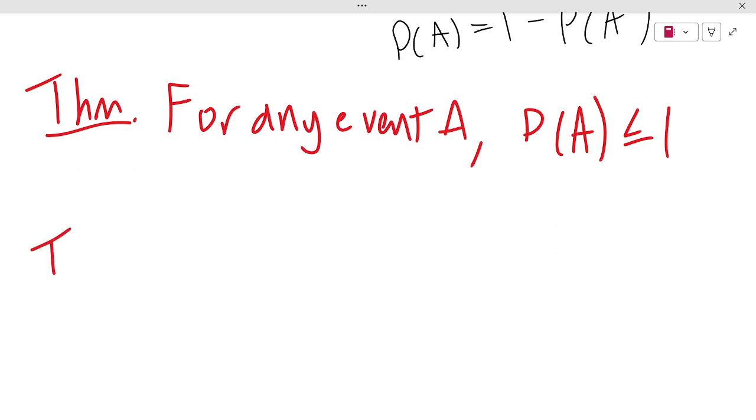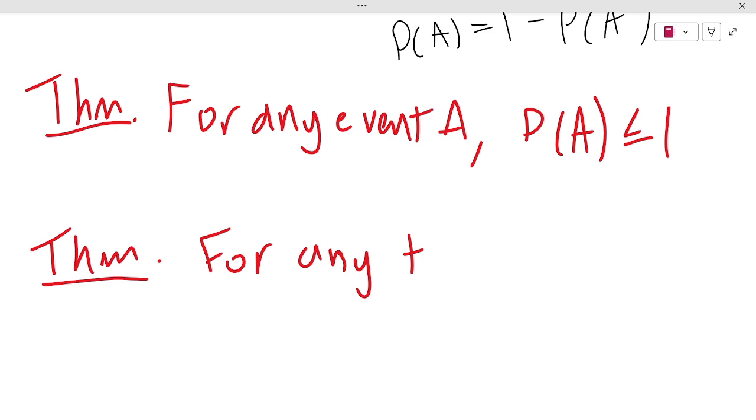Okay. This next theorem you'll see quite often. You might have already seen it before. It's very popular. It's very common. So we have for 2 arbitrary events, we'll call it A and B, we're going to get the following.